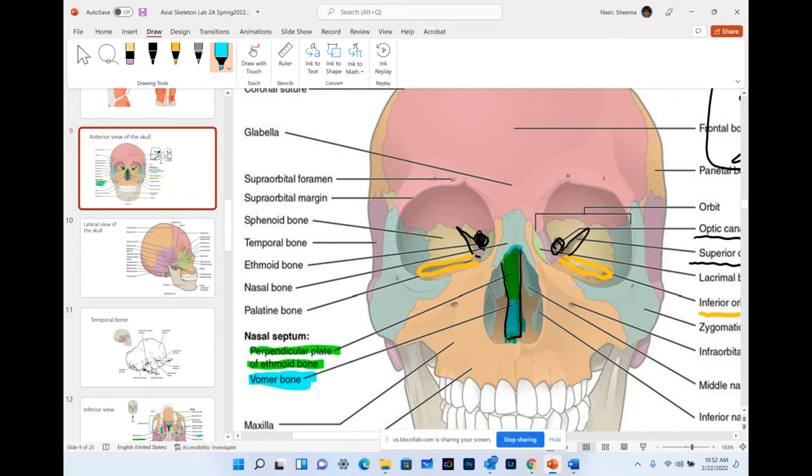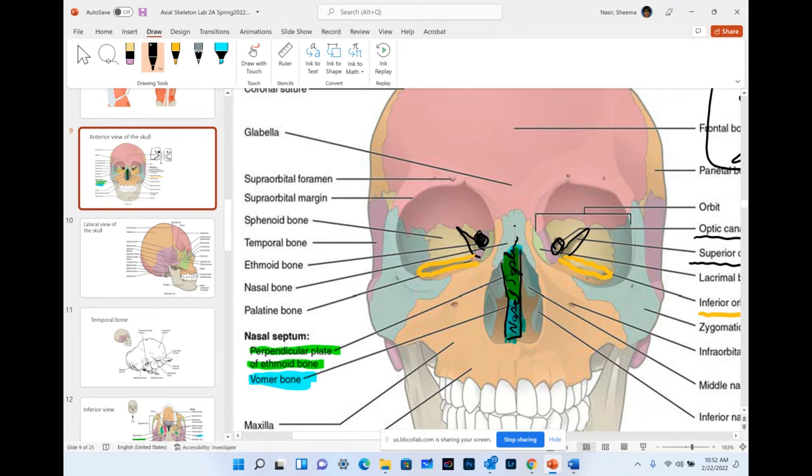So, what is this thing in the center? This thing in the center is your nasal septum. Do you understand? You hear about people having deviated nasal septum, DNS, and then they snore. So that is this nasal septum. And it is made up of two bones.